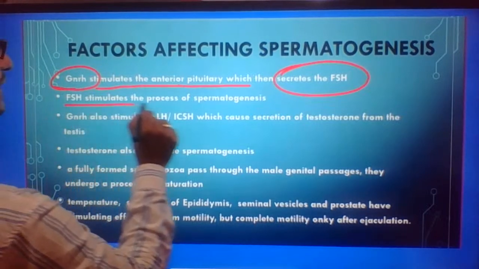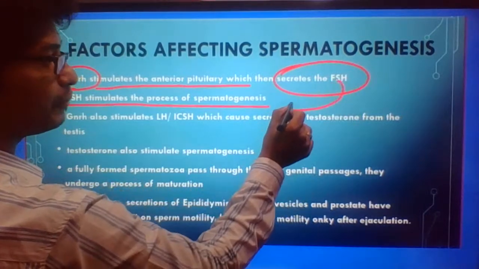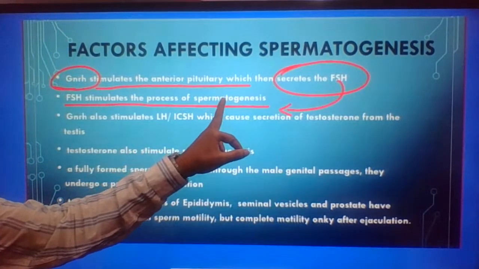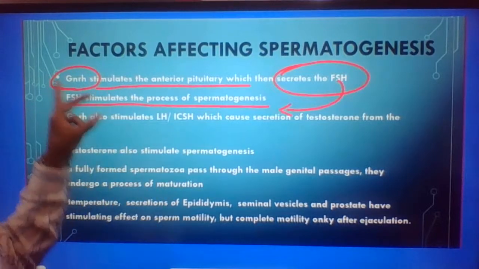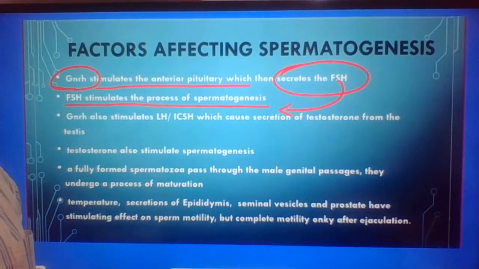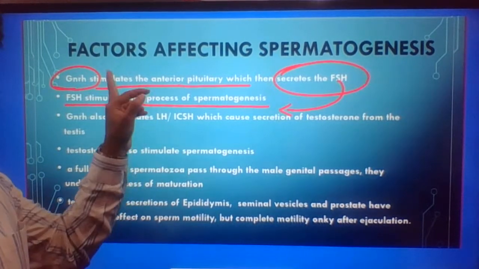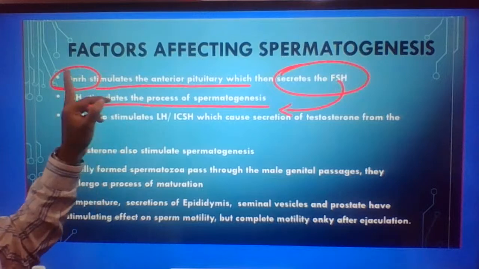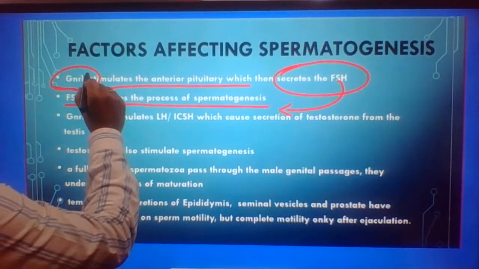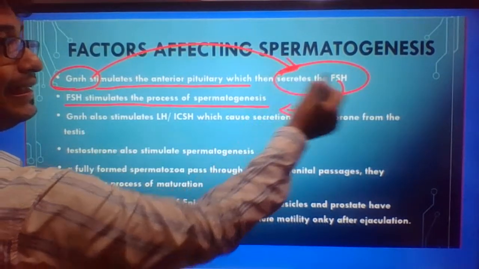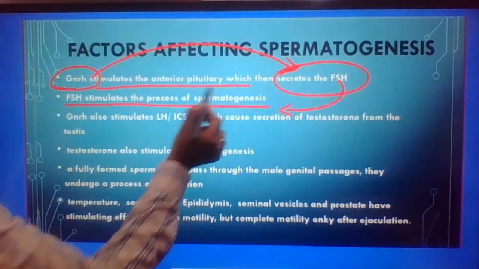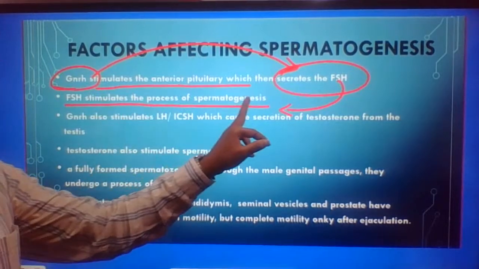Now this FSH influences the spermatogenesis process. If a particular male has a problem in hormone secretion, then definitely he cannot produce enough sperms, and the sperm count will be less; some people have this hormonal problem. So GnRH influences FSH, which in turn leads to spermatogenesis.